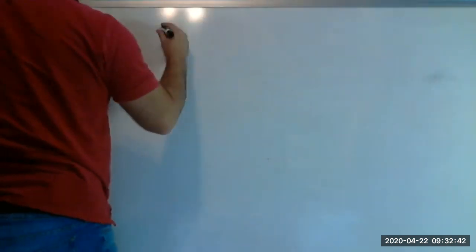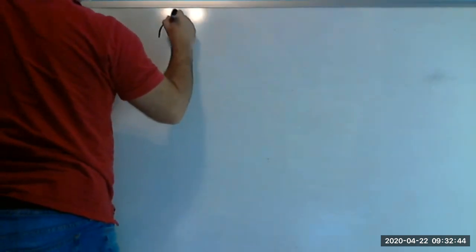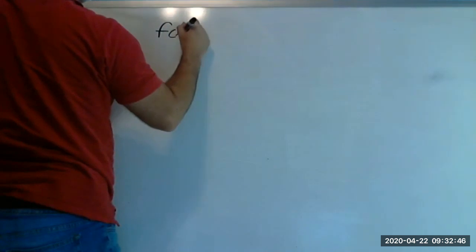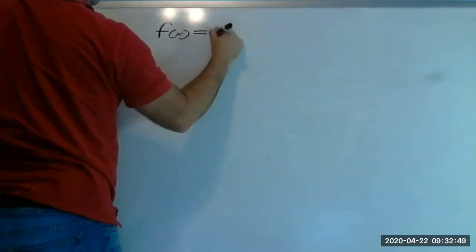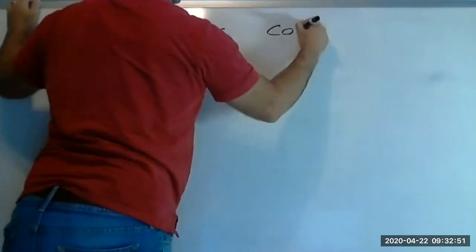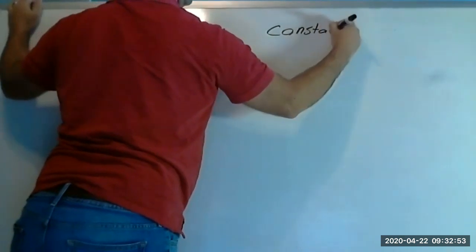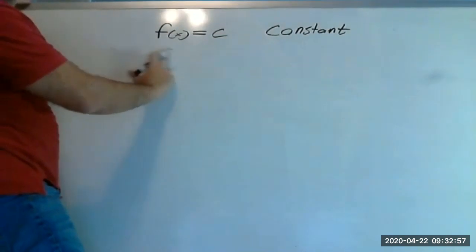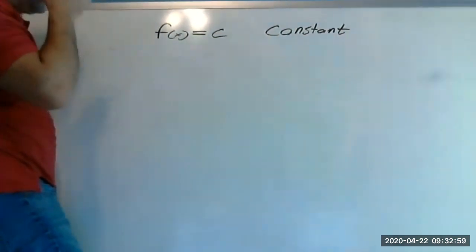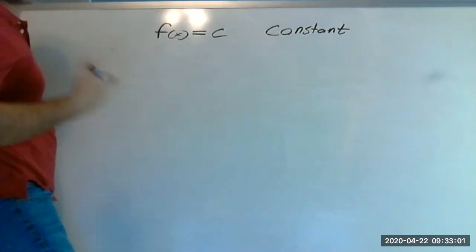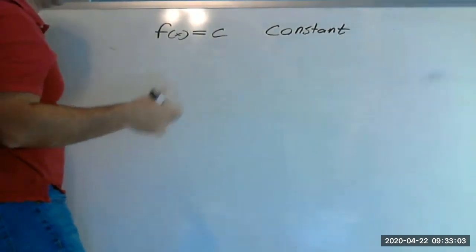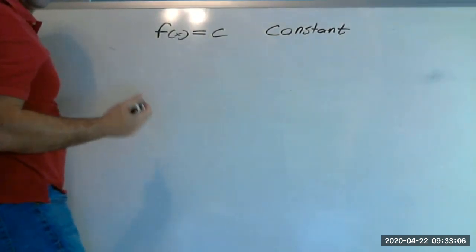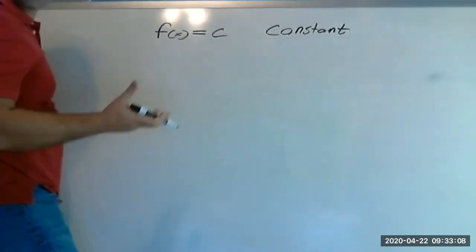So far, we've talked about f of x equals c, which is just a constant function. They're not terribly interesting, but it's just f of x equals some constant number.